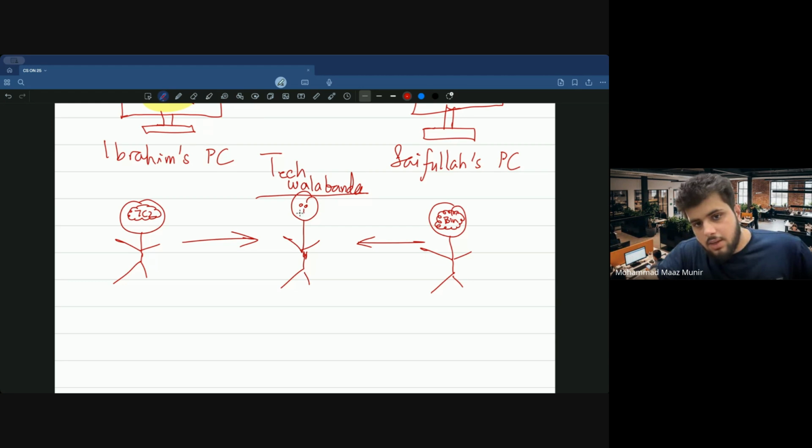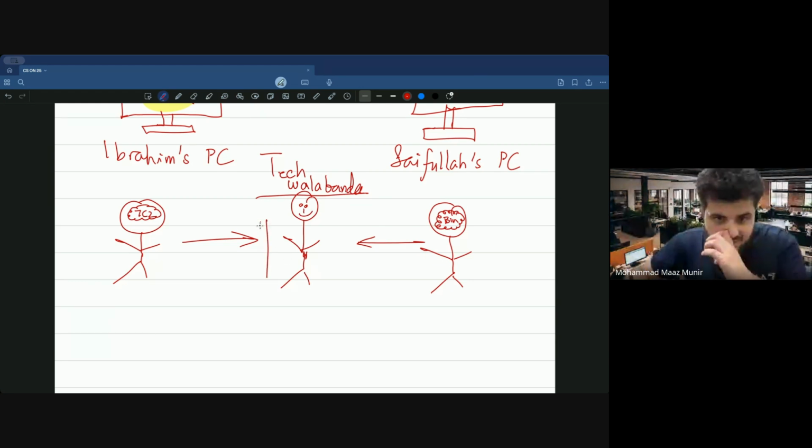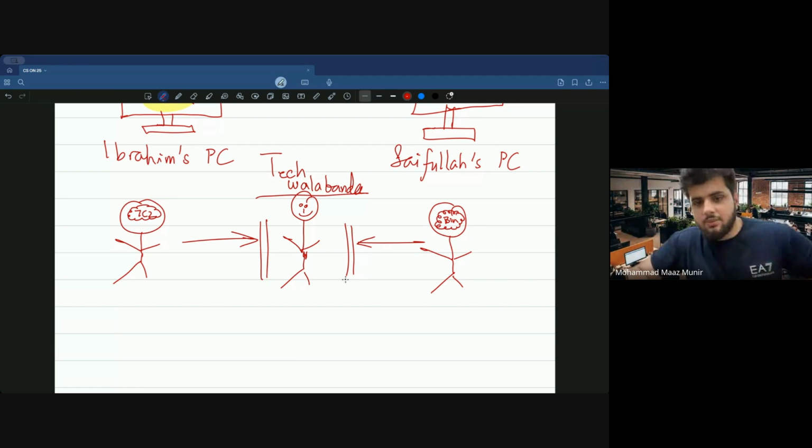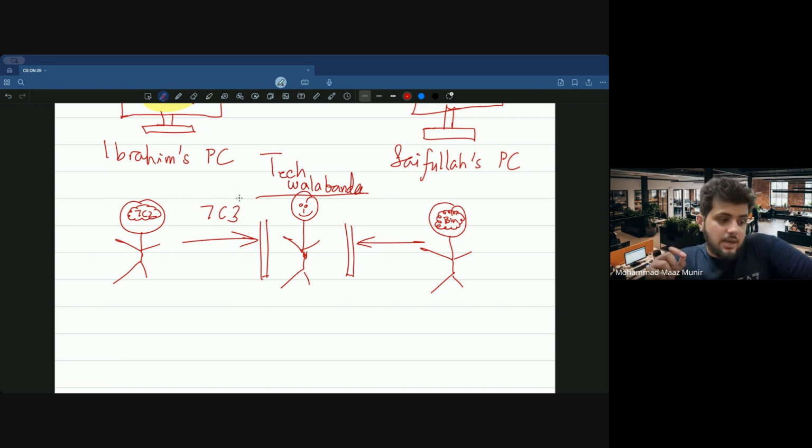So these are the windows. What happens is, Ibrahim comes to me and tells me, I have an error with my computer. And then he tells me maybe 7C3. Now he made a mistake up here. Ijaz is the tech guy.